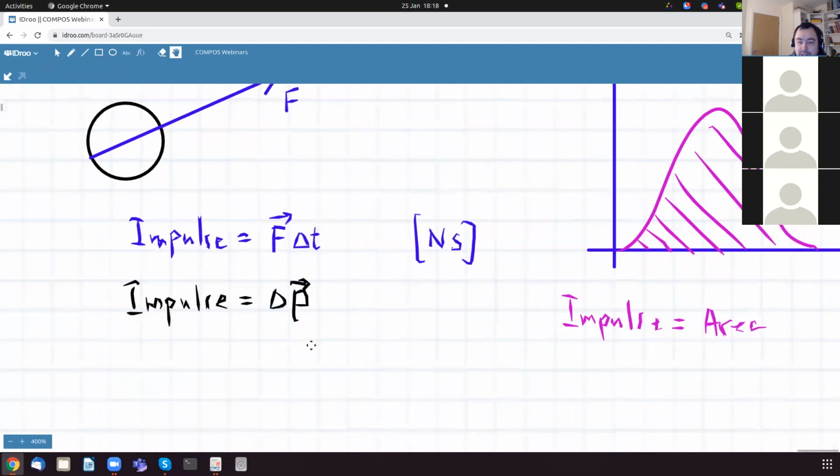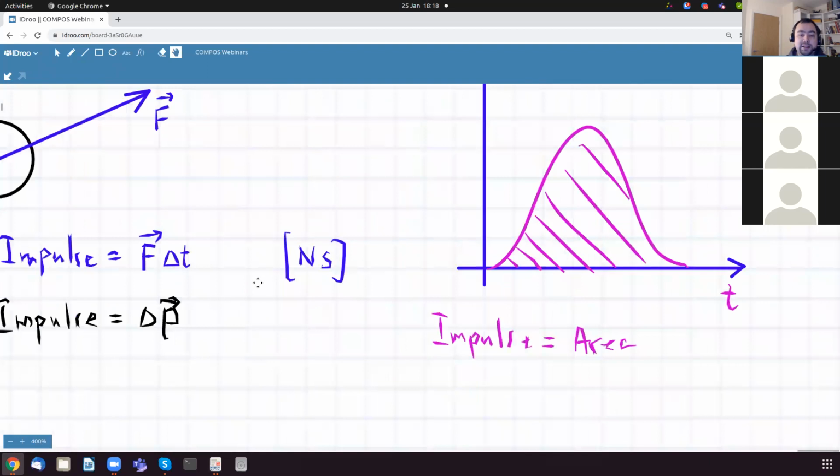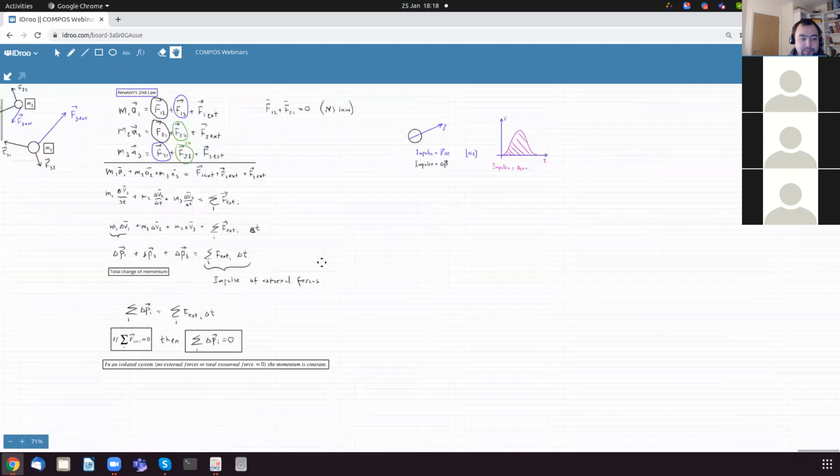So, for example, if I give you this graph, and the ball was stationary at the beginning, you will know that the momentum of the ball after impact is equal to that area. We have a couple of questions on that, where you need to calculate the area, and that gives you the impulse.